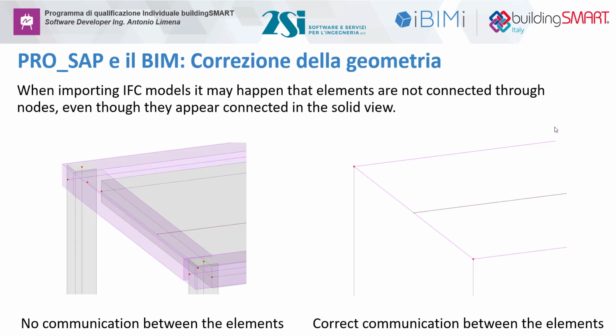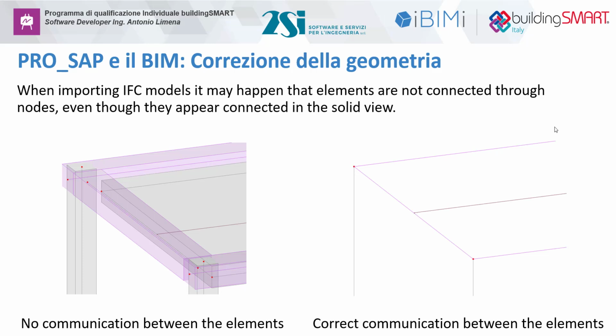One more important thing to say is that when importing IFC models, it usually happens that elements are not connected through nodes, even though they appear connected in solid view. As I said before, in the architectural model, so in BIM models, the connection between elements happens by volume.